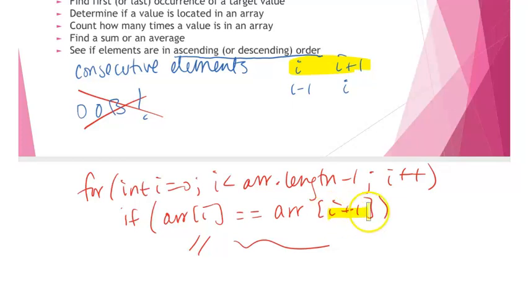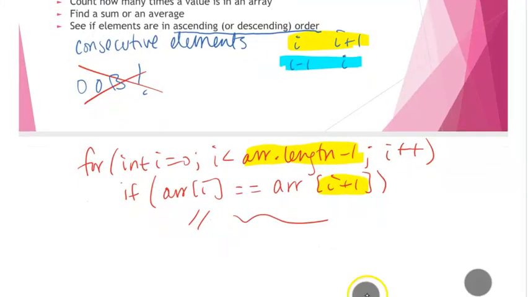So in this case, since I'm writing i plus 1, I want to look at my maximum value and just make sure that my maximum value won't go out of bounds when I am on that last one. And the same thing is true if I were doing this bottom scenario here. In this case, I have to look at my first value because I'm doing i minus 1.